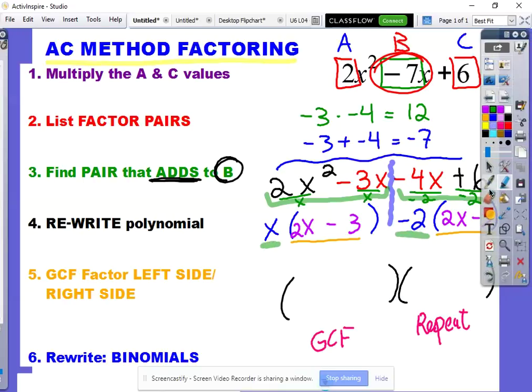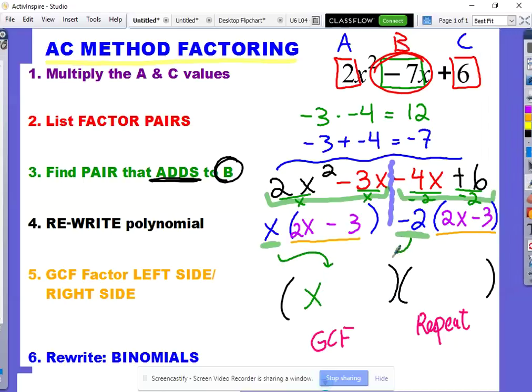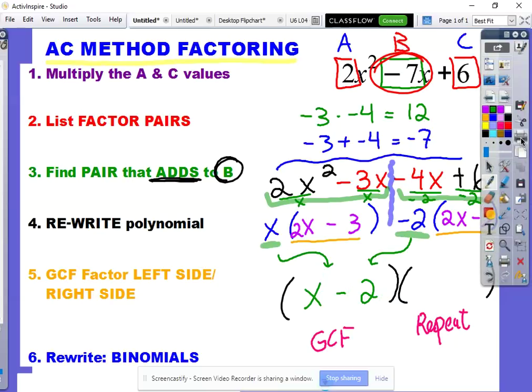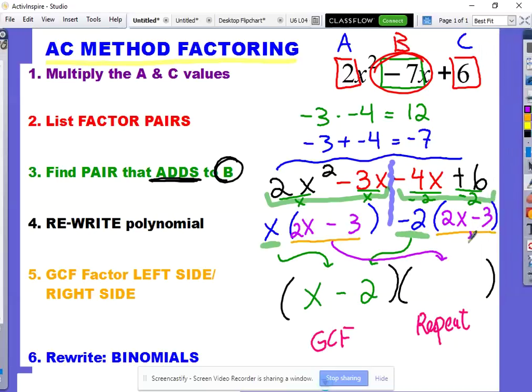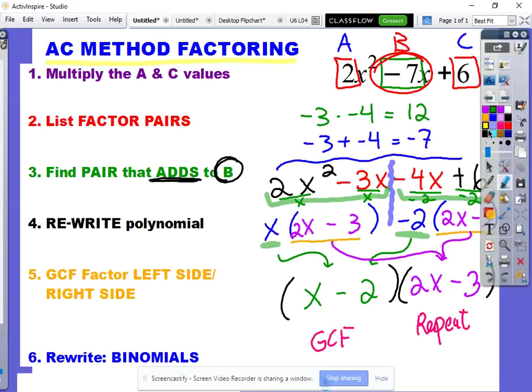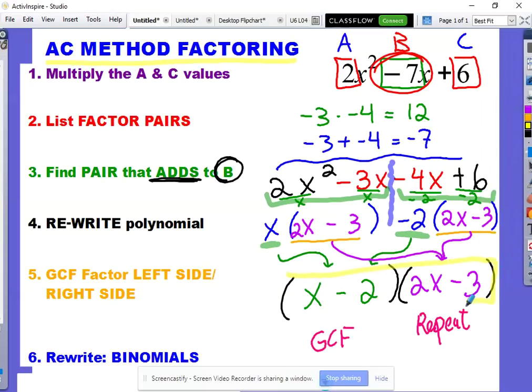So let's drag those in. First GCF is x, second GCF is negative 2. Our last binomial is the repeat binomial, which is comprised of these two binomials together. We just write them one time, 2x minus 3. And there you go. That is the factored form of our trinomial. And that is the most important skill that you will learn in high school algebra. All right, good luck as you practice.